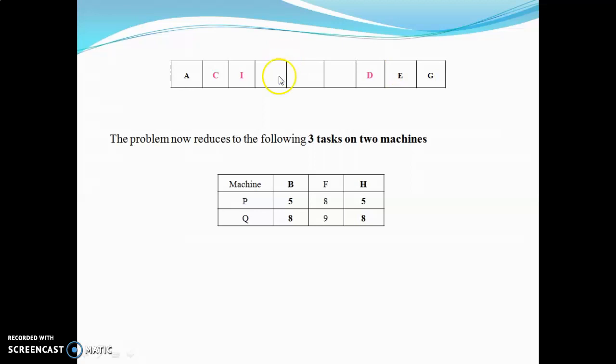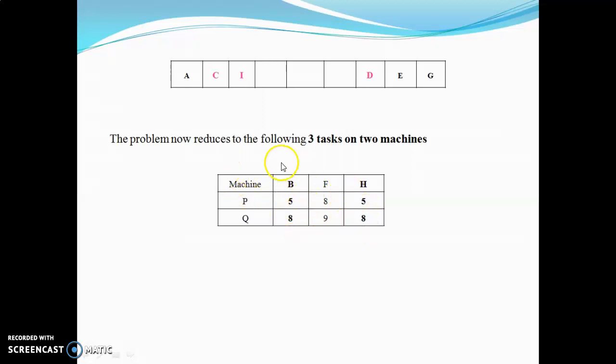So now how many remaining tasks? There are 3 tasks on machine 2. The problem now reduces again to the following 3 tasks on 2 machines. Here again the minimum processing time is 5, 8, again 5, 8.